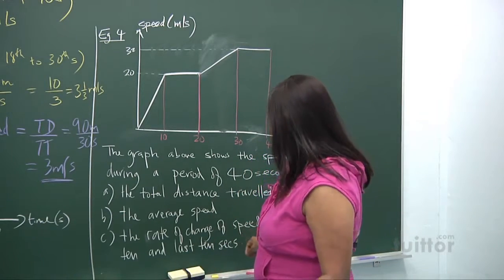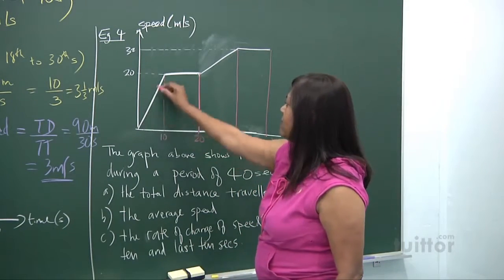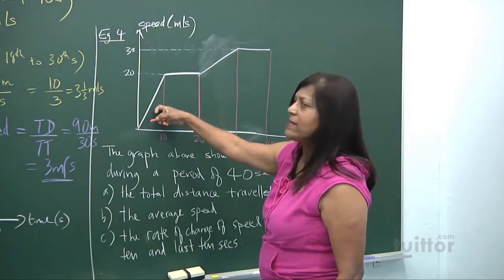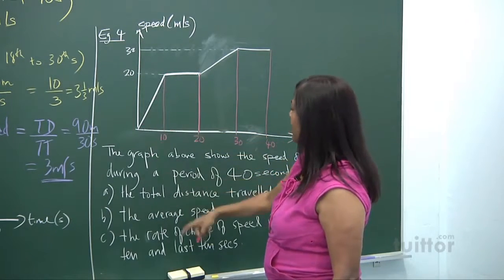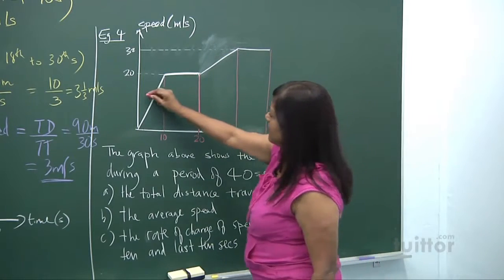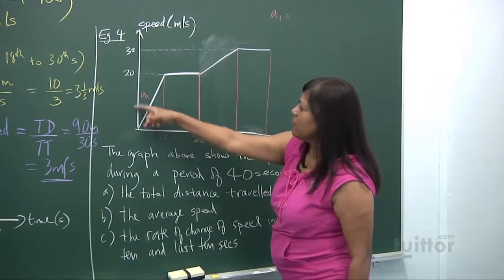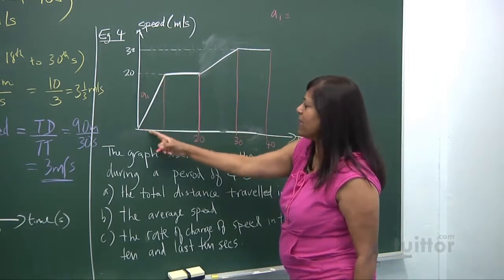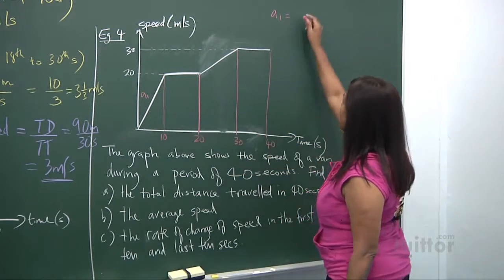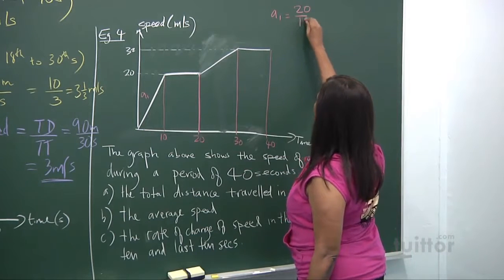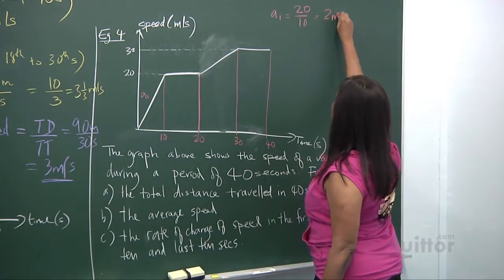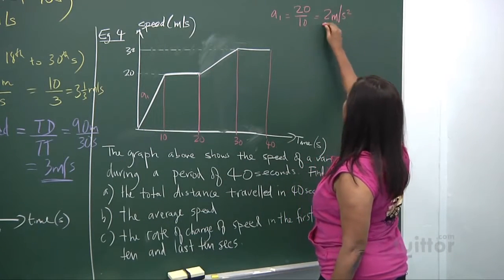So if you look at it here, there is an acceleration. And what will the acceleration be here? I'm not looking at the question here. I call this A1. The acceleration will be the speed. You reach 20 meters per second in 10 seconds. So 20 upon 10 will be 2 meters per second squared.